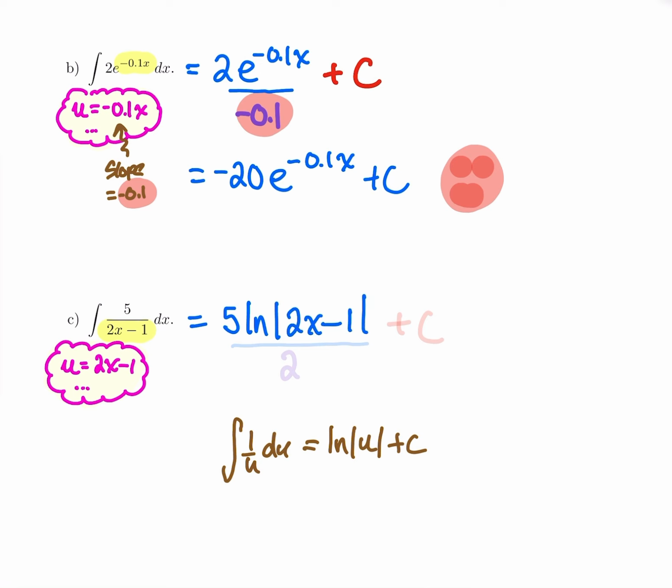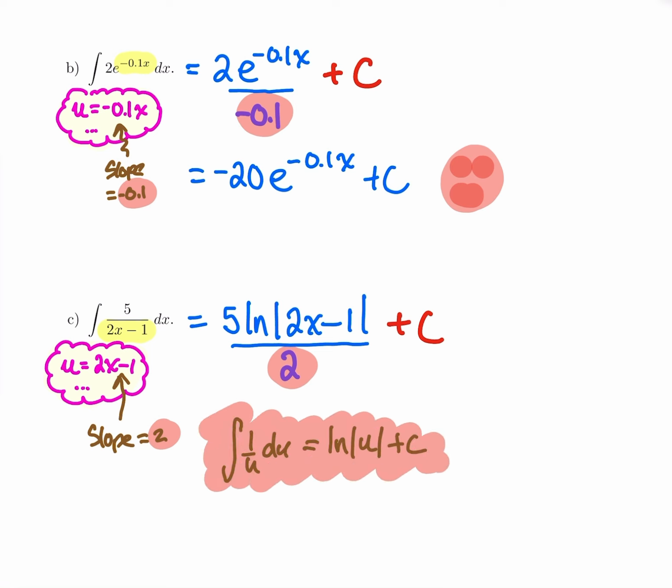The slope of 2x minus 1 is 2, so just divide by 2, plus c. That's all. Since you know that 1 over u is ln u, and my u is 2x minus 1, it's linear, you can just write ln of your line divided by the slope, and you're done.